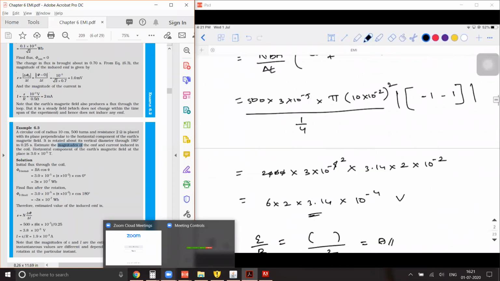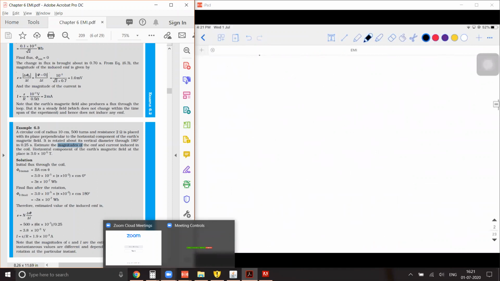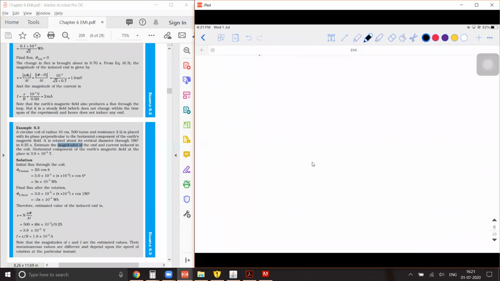See, now I'll give you a problem which is actually not there in your textbook, but since someone got a doubt of how to handle instantaneous, I'll tell you how the question is, and when to use instantaneous.